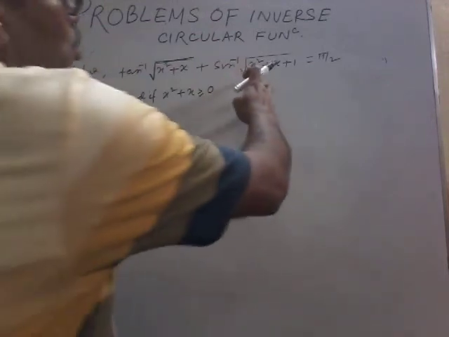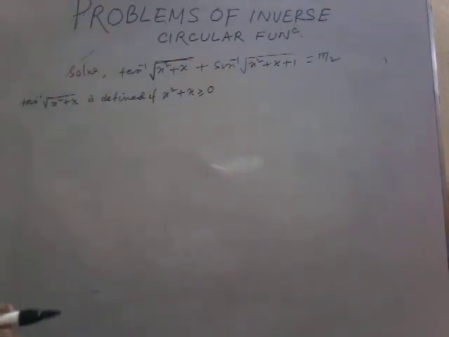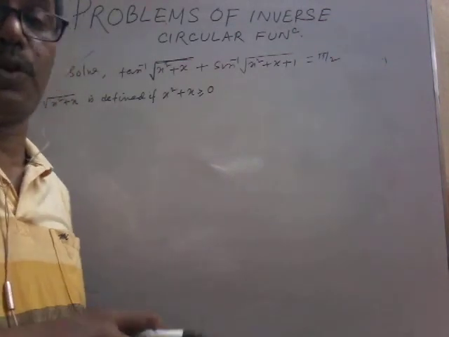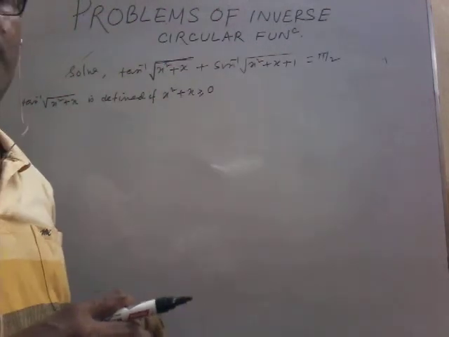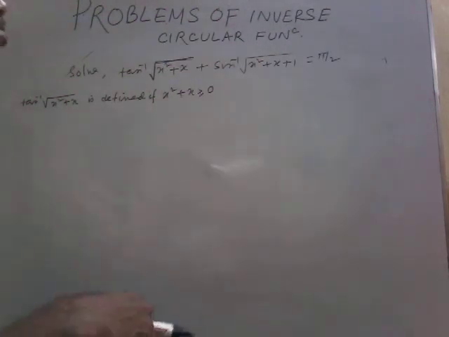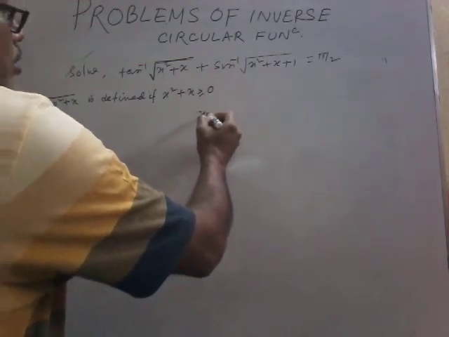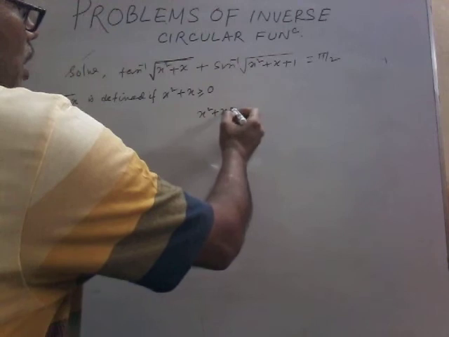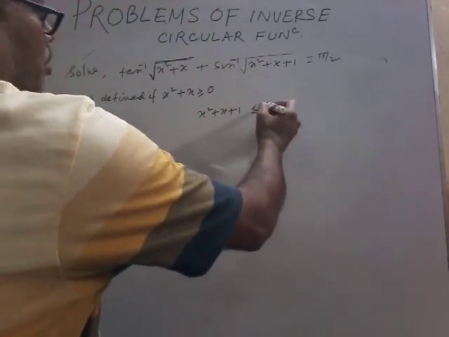Also, the argument of this is positive. Not only positive, but the argument of sine lies between -1 and +1. Also, root over (x square plus x plus 1) is less than or equal to 1.